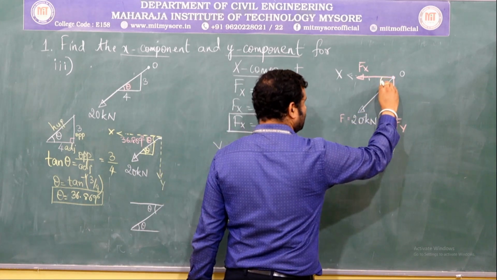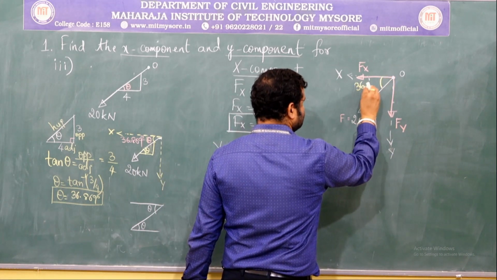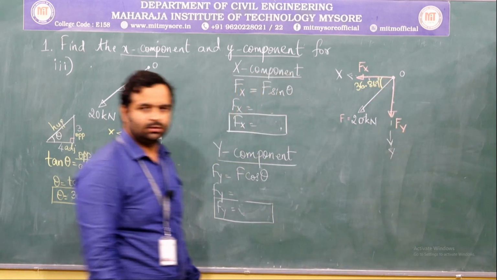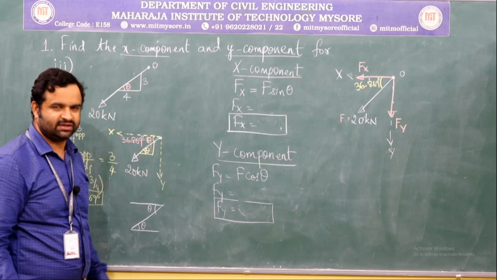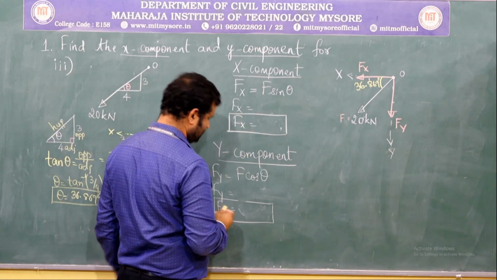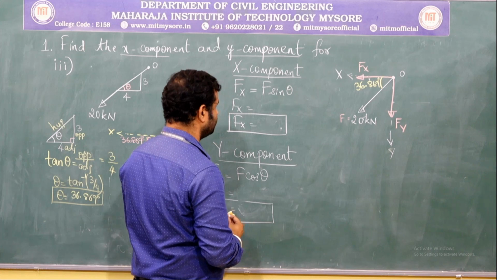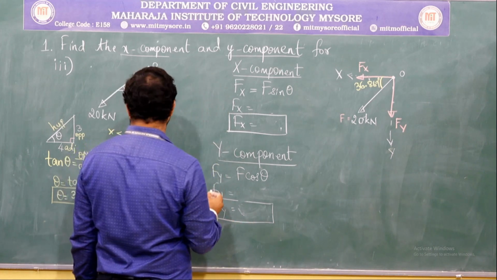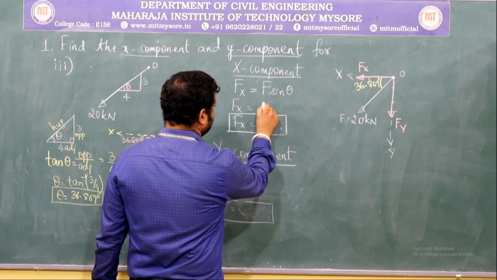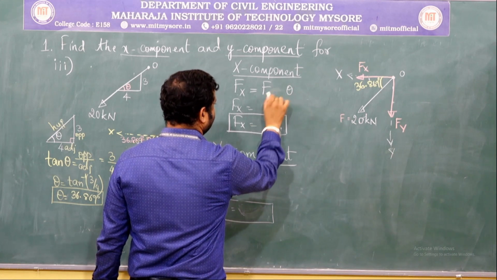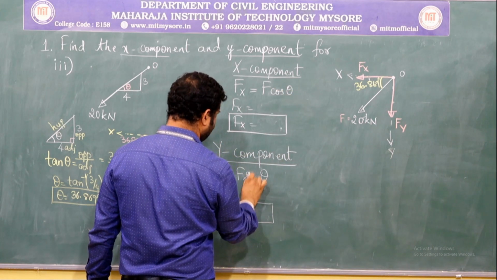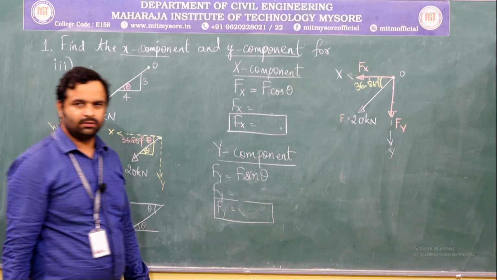Angle theta is equal to 36.869 degrees, so substitute that here. Fx is equal to F cos theta and Fy is equal to F sin theta.